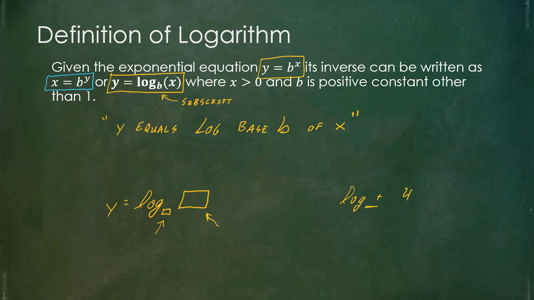This would mathematically make no sense because there needs to be something inside of the log in order for that to work. So saying something like log plus 4 or divide by log doesn't make sense, but if I said divide by log of 5, we could do that. We'll talk shortly about what that means if there isn't a number in that little subscript area.